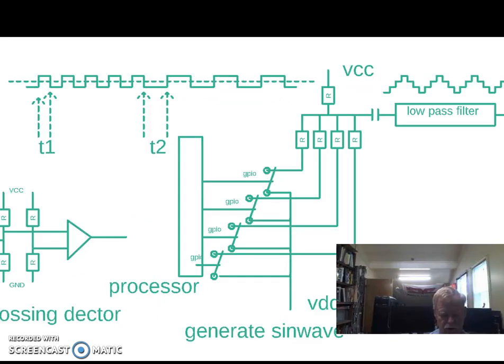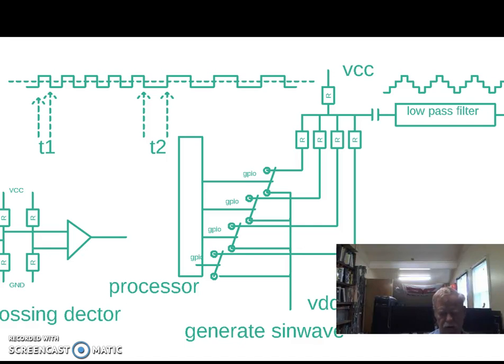Now you might ask, what's inside a terminal node controller? There are basically two pieces, an analog piece and a digital piece. We know we have signals coming in that are tones, 1200 and 2200.